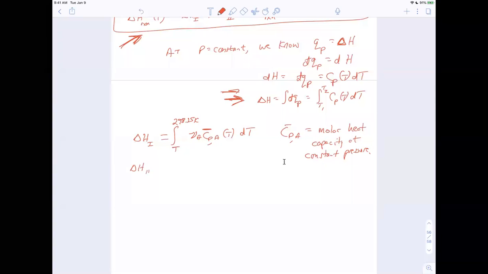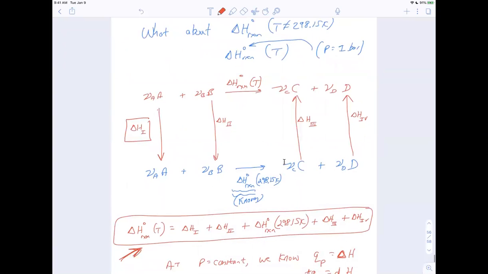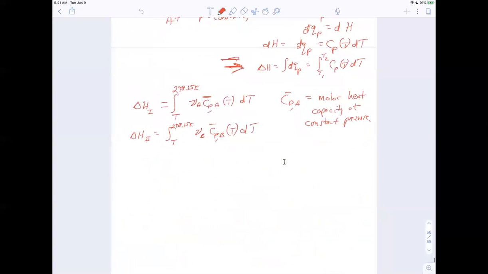Delta H2, which is now bringing B from temperature T to 298.15 Kelvin, is going to be the same, but now we'll have everything with B. And we retain this temperature dependence of the heat capacities. Okay, and so now we have these two, and now we're going to compute delta H3 and delta H4, which is taking C from 298.15 to whatever T is, and likewise for D. And that should be fairly simple.